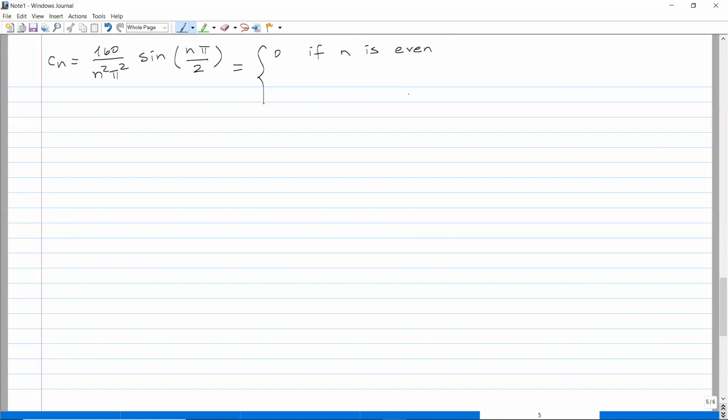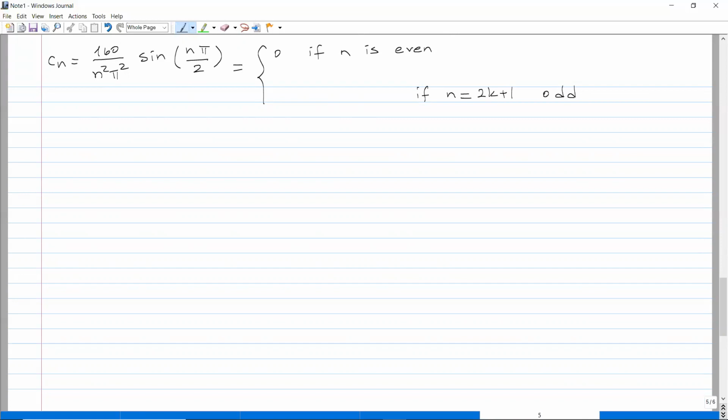So if n is odd, like n is 2k plus 1, let's see. If n is 1, meaning this number k is 0, then sine pi over 2 is plus 1. But if n is 3, so when k is 1, sine of 3 pi over 2 is minus 1.